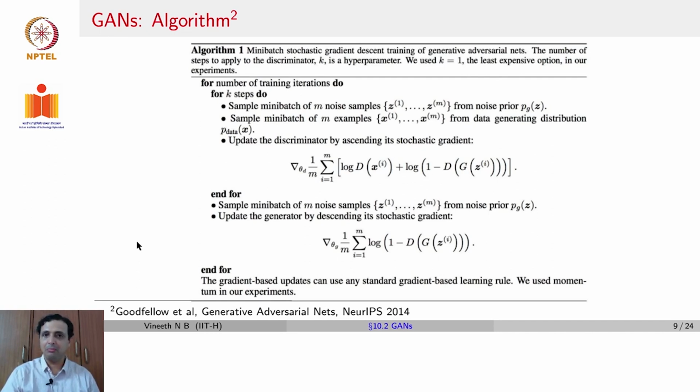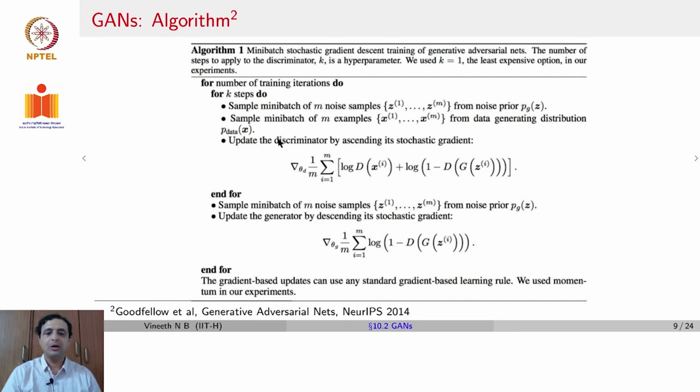The original paper by Goodfellow recommends that for k steps, you first sample a mini batch of m noise samples from the noise prior Pg of Z. Remember we had a Gaussian from which we get a few vectors which we call noise samples. Similarly, we also sample a mini batch of m examples from the original data distribution P data, which is your training data.